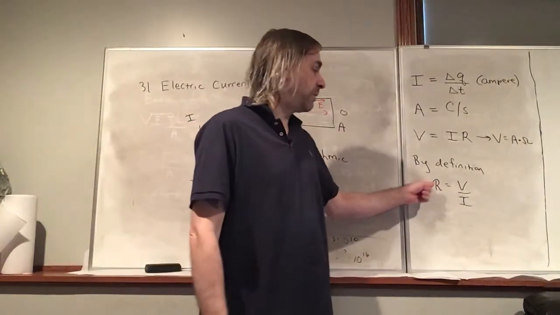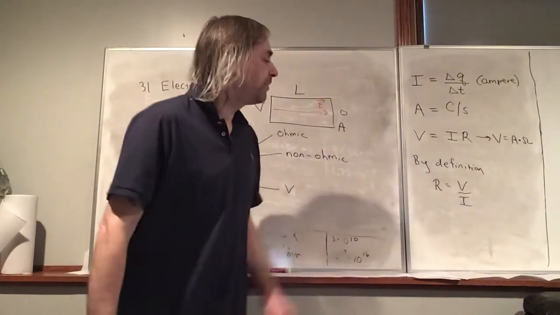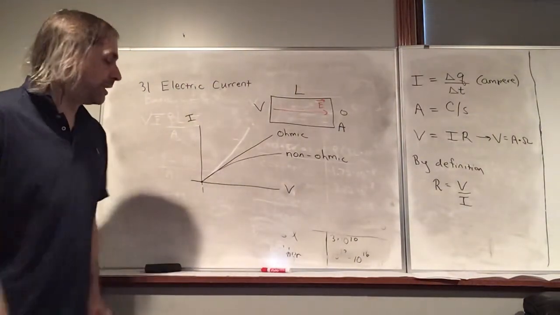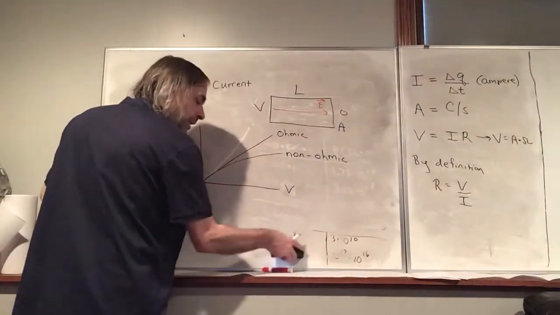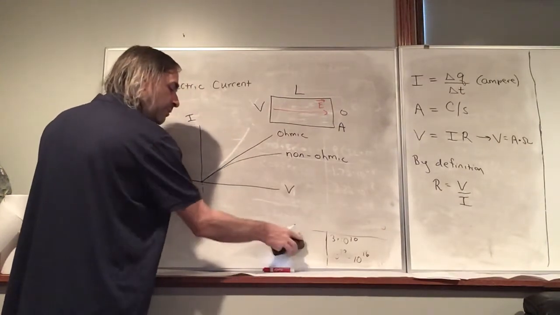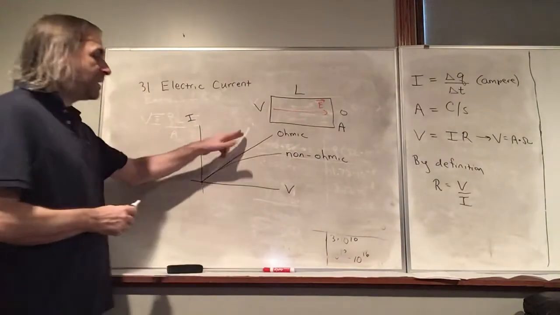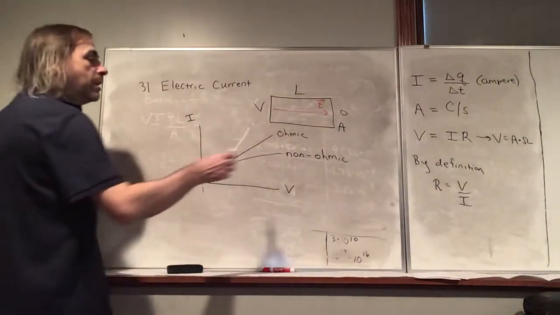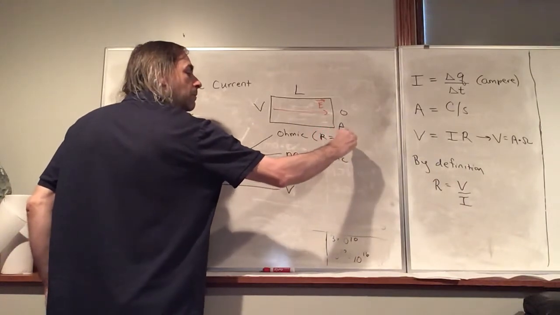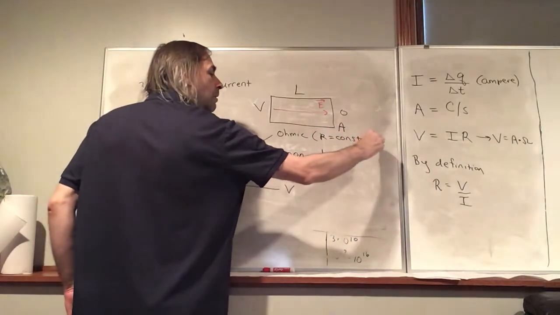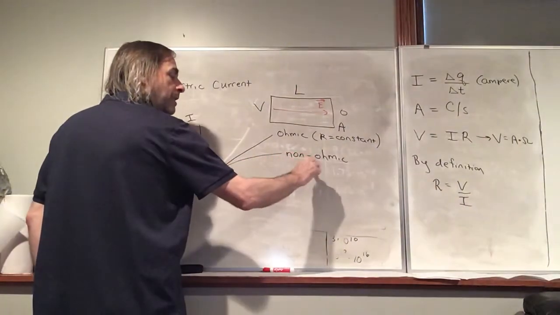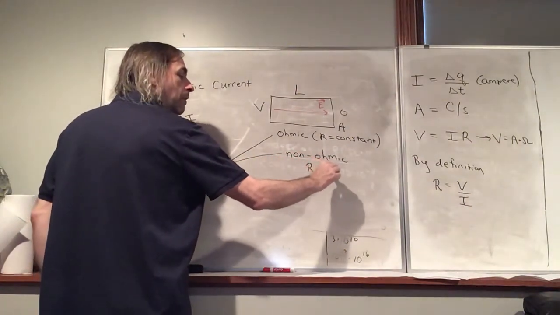Because by definition, the resistance is voltage over current, and you can just rewrite that as V equals IR, and so now it's automatically true. And so, it just turns out to be more useful to define resistance this way. And so in this case, for an ohmic material, the resistance would be a constant, where for a non-ohmic material, the resistance would depend on the voltage.